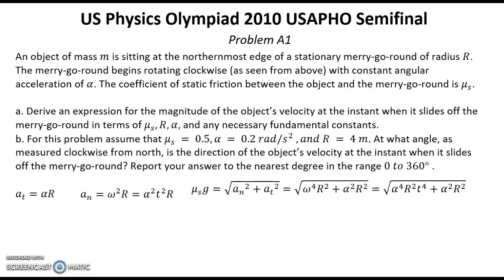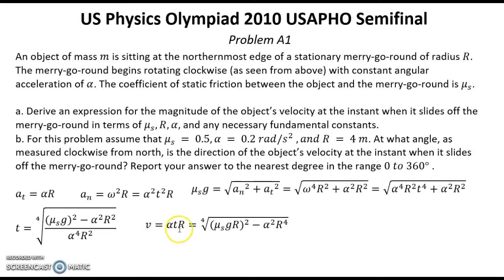That will be this expression. And now we can find what is the velocity of object when it starts to slide from this merry-go-round. That will be v equal alpha t r, which is this expression. That's the answer for the first question.